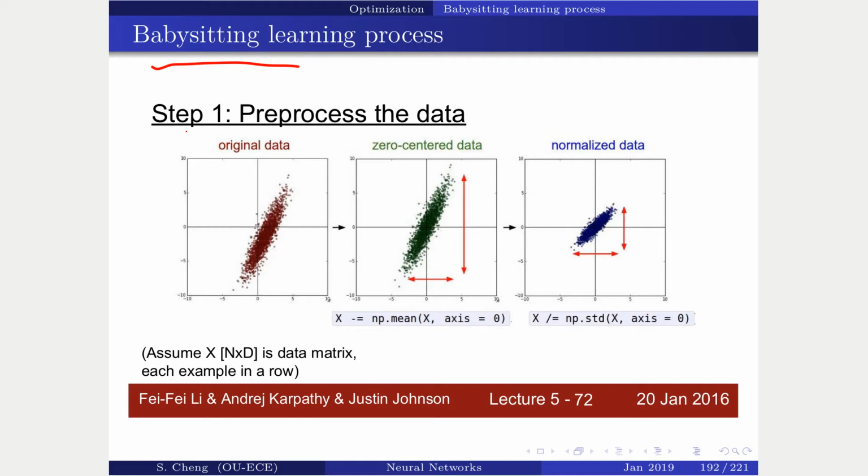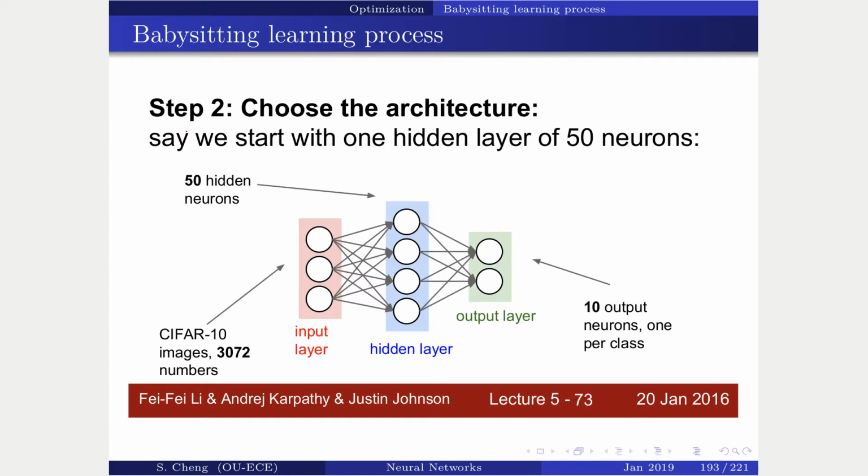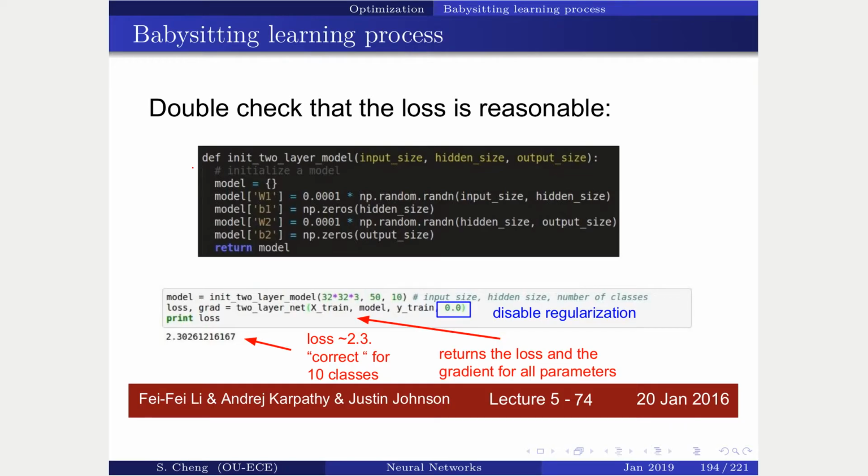After pre-processing, of course, we need to design the architecture. Let's say we have a fixed architecture that we are going to use. Now we really start training the model.